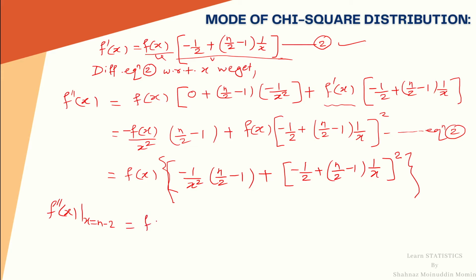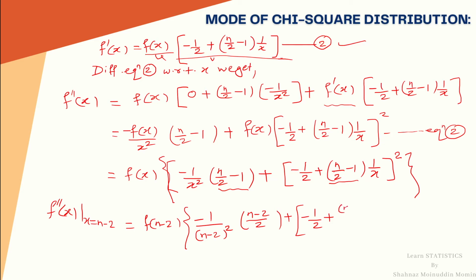We get f of n minus 2 into the bracket minus 1 upon n minus 2 whole square, into n minus 2 by 2, plus the bracket minus 1 by 2 plus n minus 2 by 2 into the value of x, which is n minus 2, whole square.